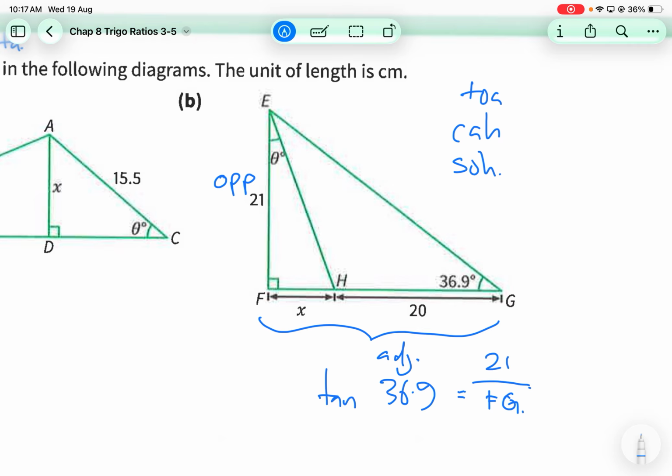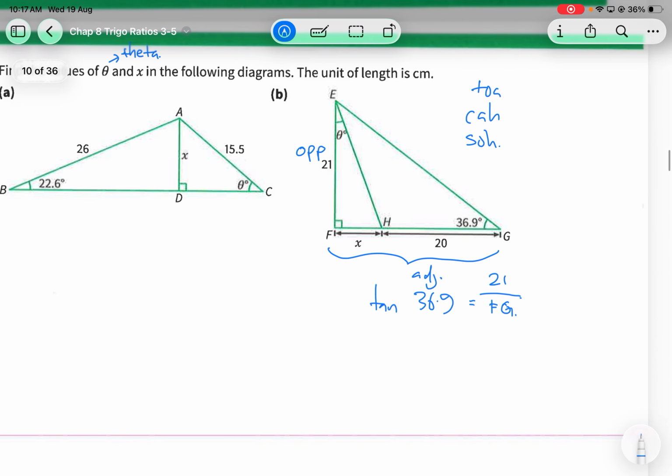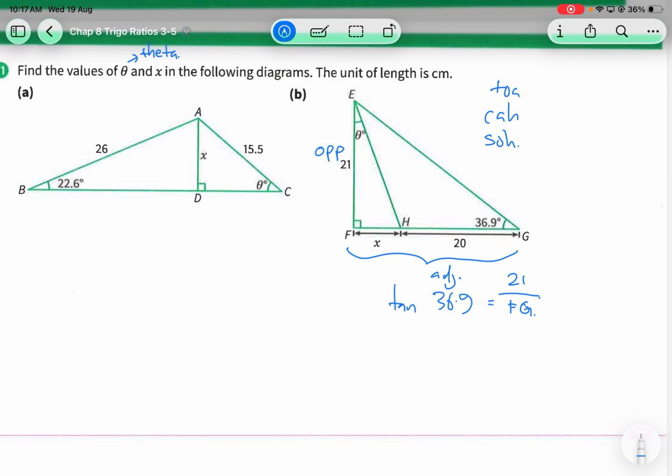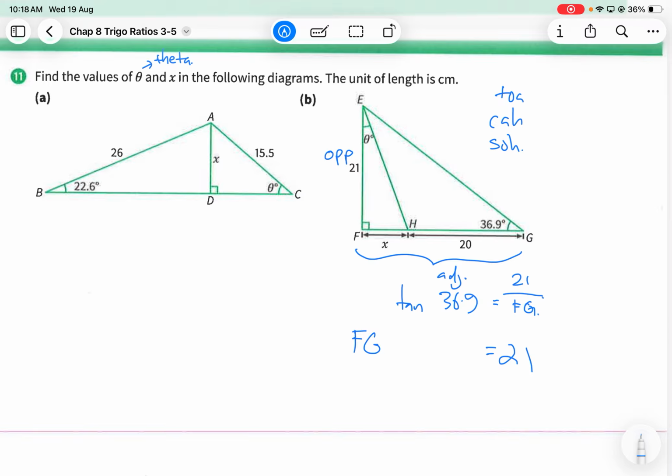Everything jumble up. Your step will become wrong already. So just do one thing. I don't want FG. I multiply FG. What will happen when I multiply FG to the right hand side? 21 left. Then what will happen to the left when I multiply FG? We don't say add, we multiply.